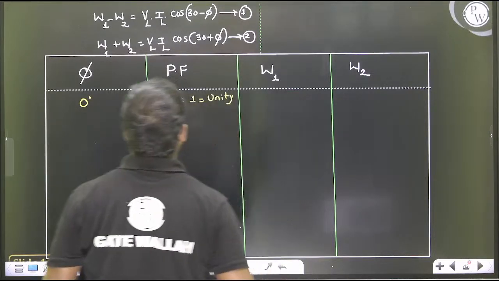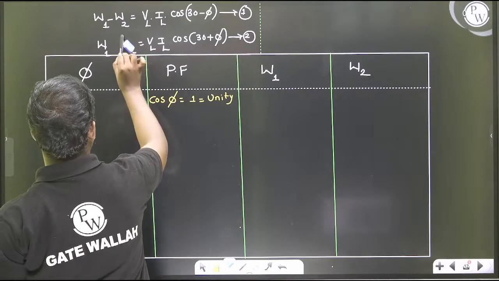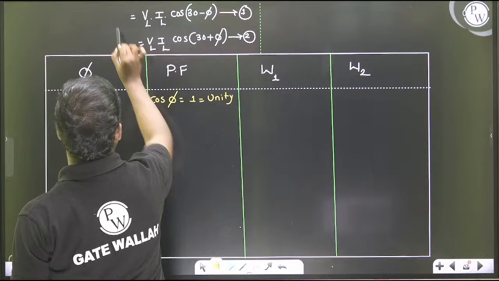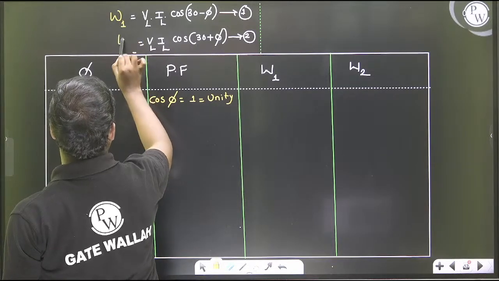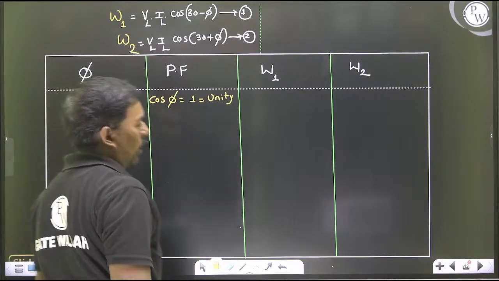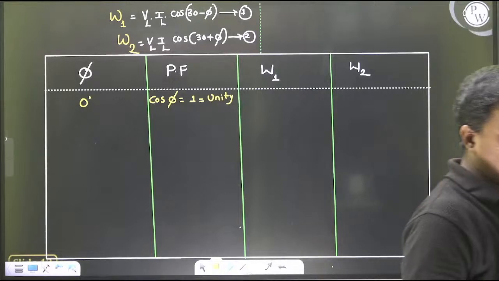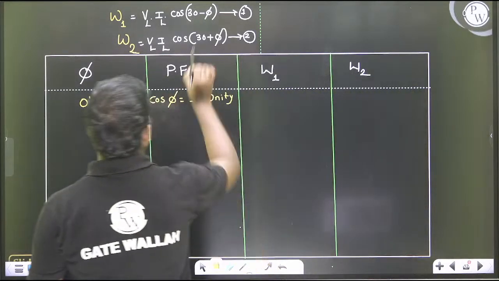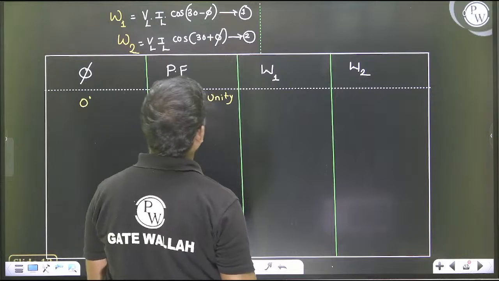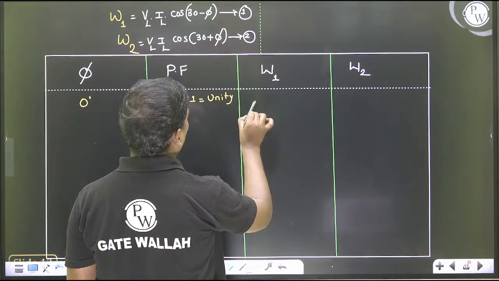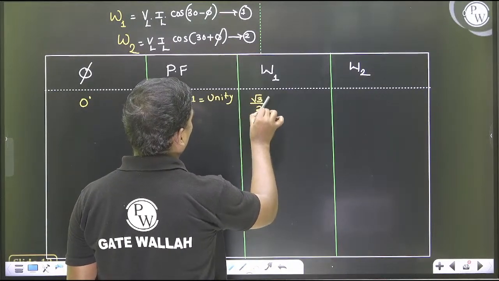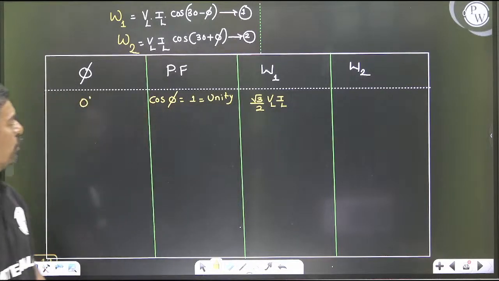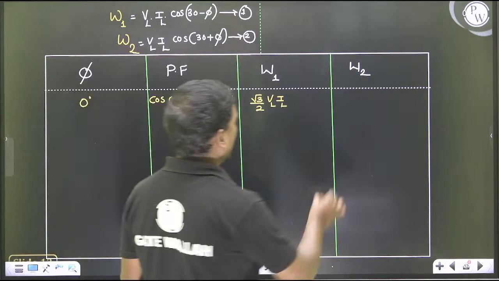This is W1, na? Sorry, this is W1. For phi equal to 0, cos 30 minus 0, cos 30, root 3 by 2. So this is root 3 by 2 VLIL.